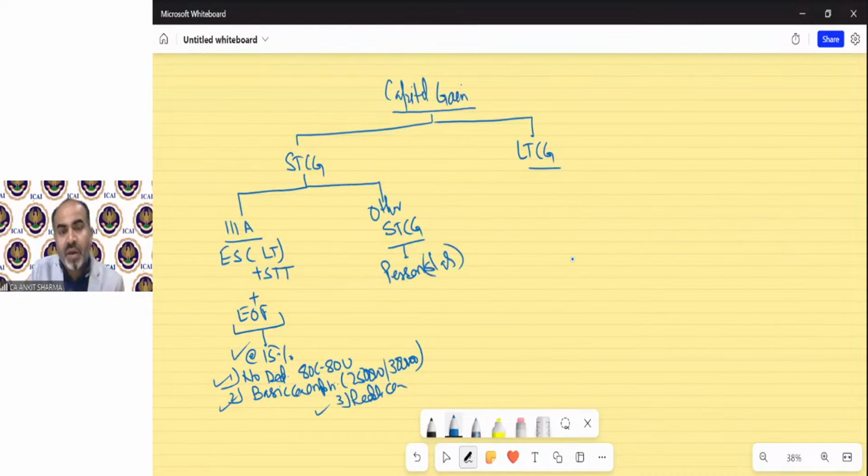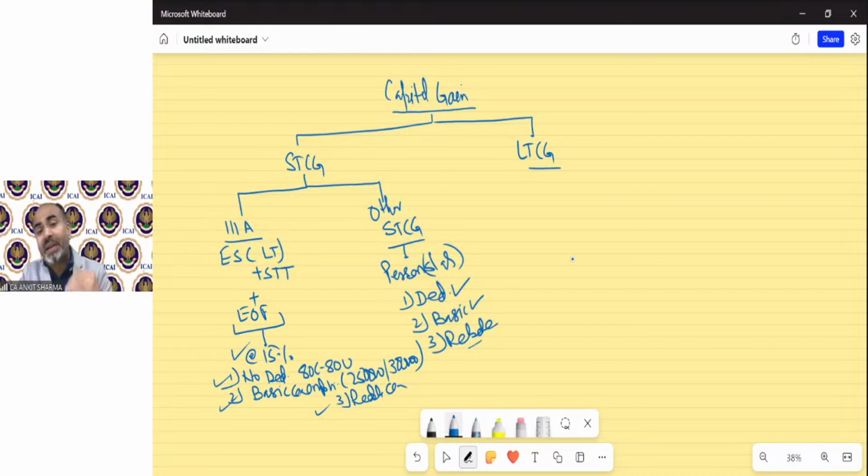Clear? In this case, deduction can be claimed, basic exemption can be claimed, and rebate can be claimed. So it will be taxed as per slab rate, 5%, 20%, 30%, etc., or 5, 10, 15, 20, depending.